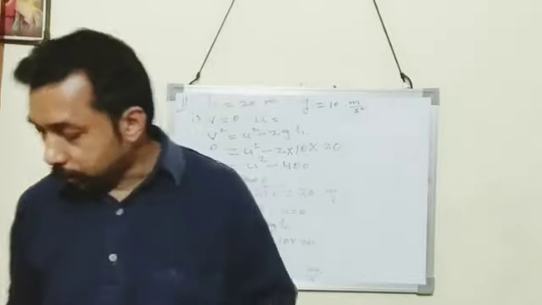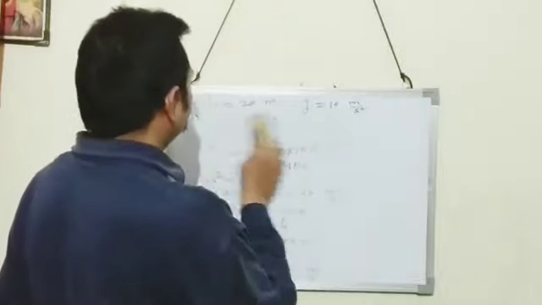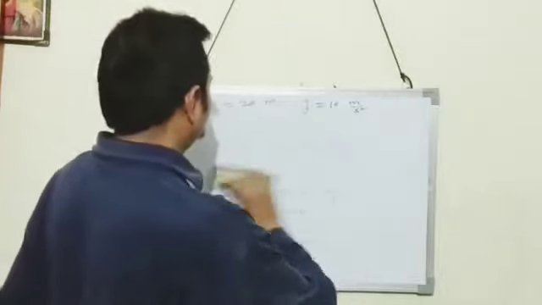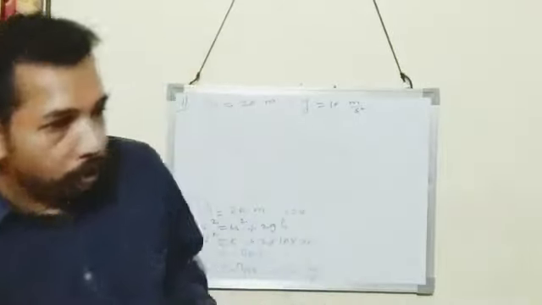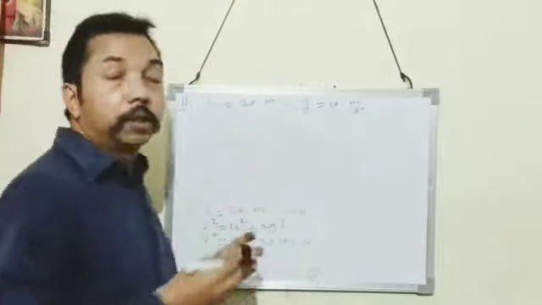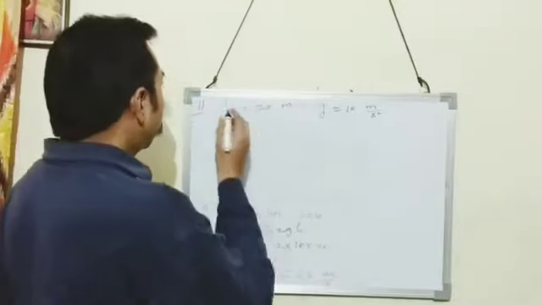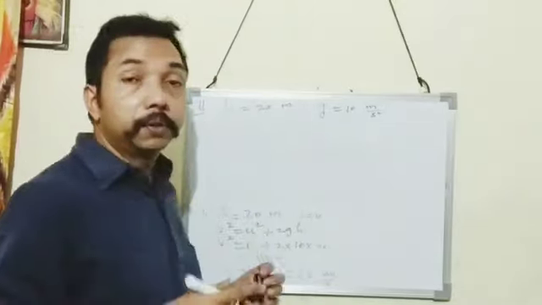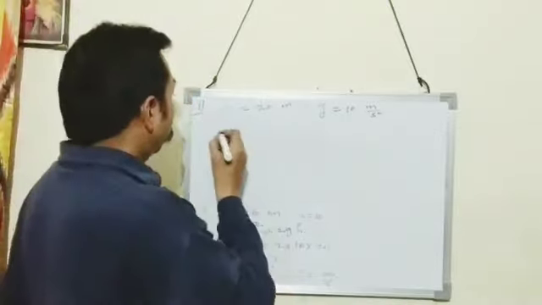Now it's the last part. How much total time is taken for the journey of the ball? Suppose the ball is coming down from the maximum height; we find how much time is taken to come from the maximum height to the ground.